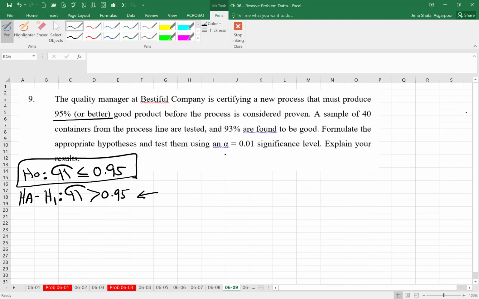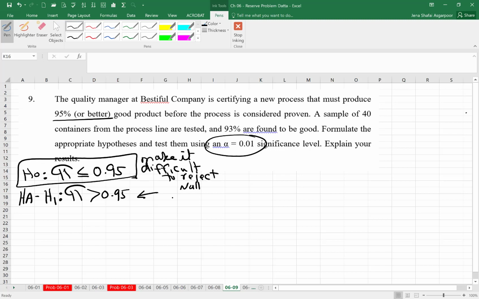But in doing so, we make it very difficult to reject the null. And how we do that is by setting our alpha level to be really low, because alpha is the probability of rejecting the null hypothesis when it's true, rejecting a true null hypothesis. So make it difficult to reject the null.